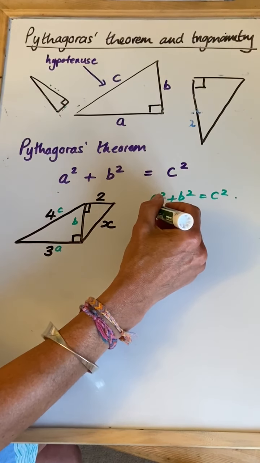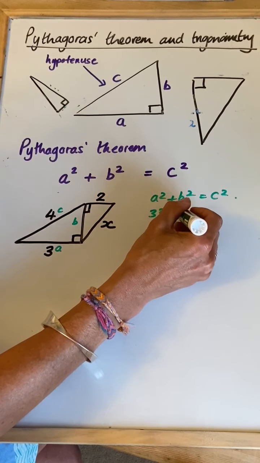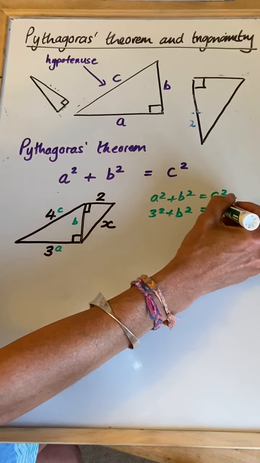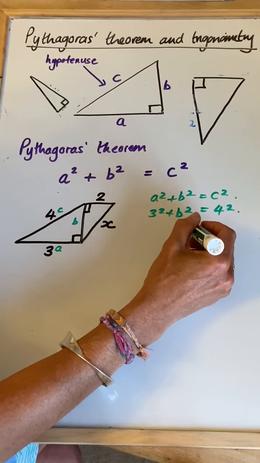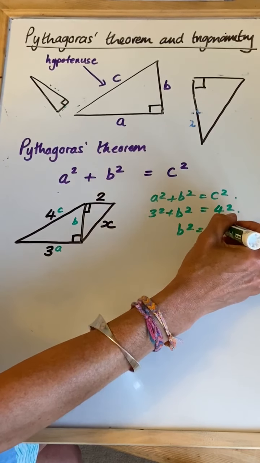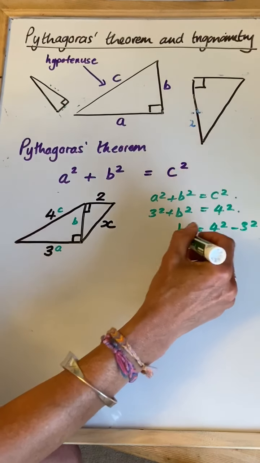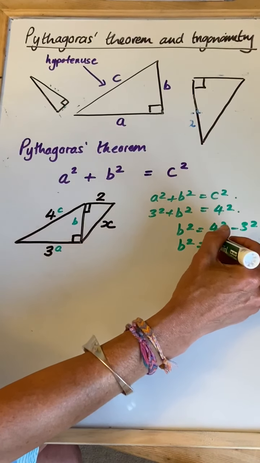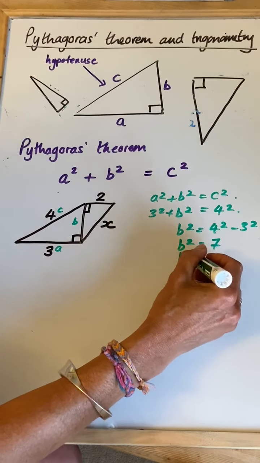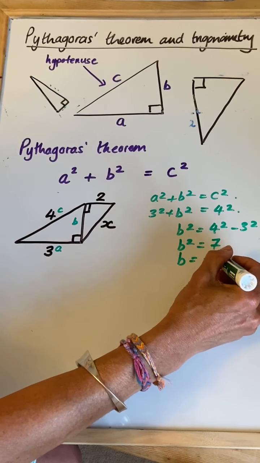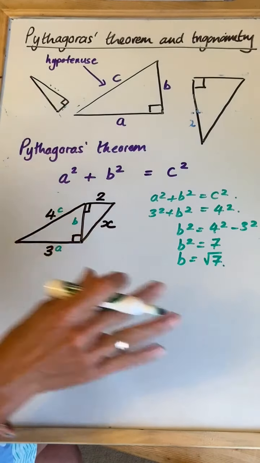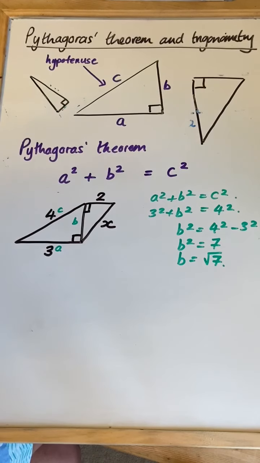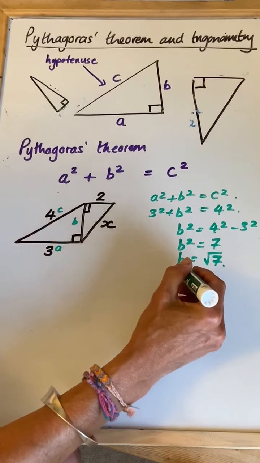So we would have 3 squared plus b squared equals 4 squared. B squared would be 4 squared minus 3 squared. So your b squared would be 16 minus 9, which is 7. So b would be the square root of 7. I'm not going to put that in my calculator this time. I'm just going to leave it as the square root of 7.